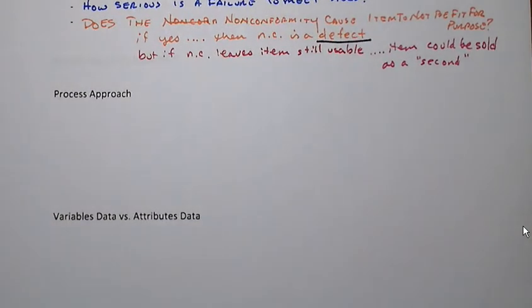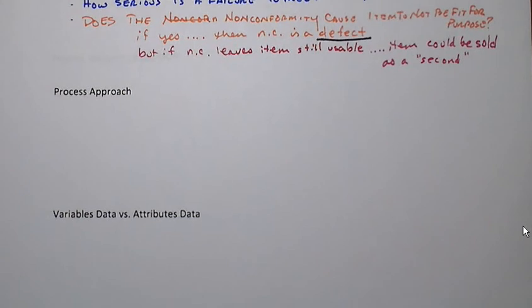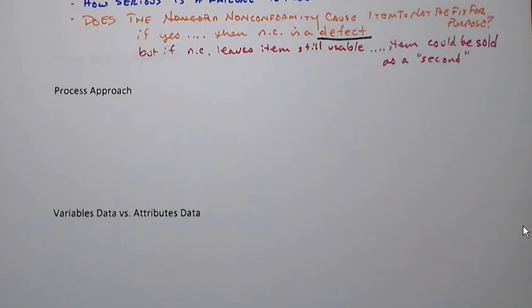Okay, so a couple more aspects that we need to look at before we can get back into some numbers here, and that is that we need to be thinking about a process approach as we start talking about process capability.